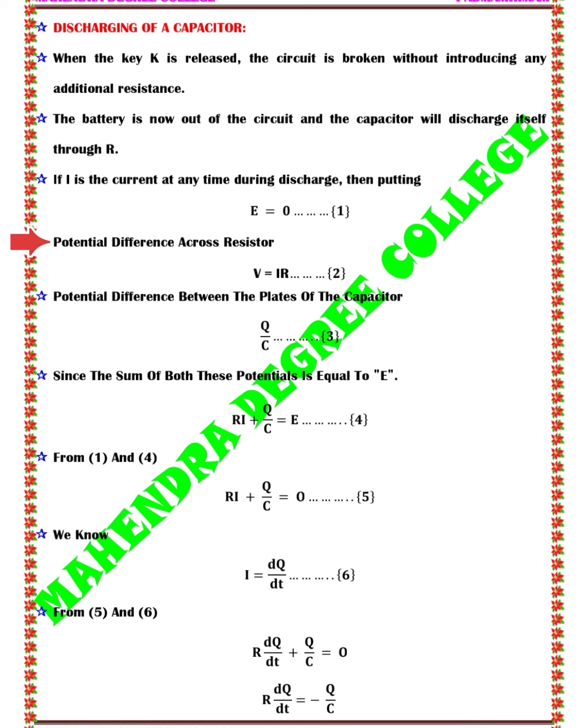Potential difference across the resistor, V equals IR. This is equation number 2.